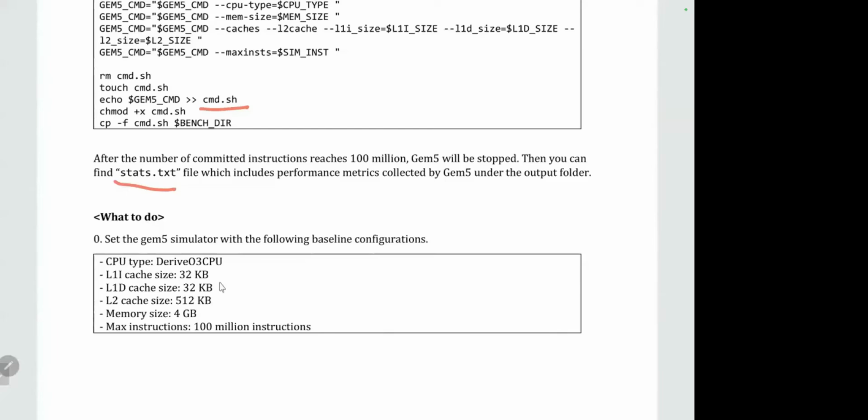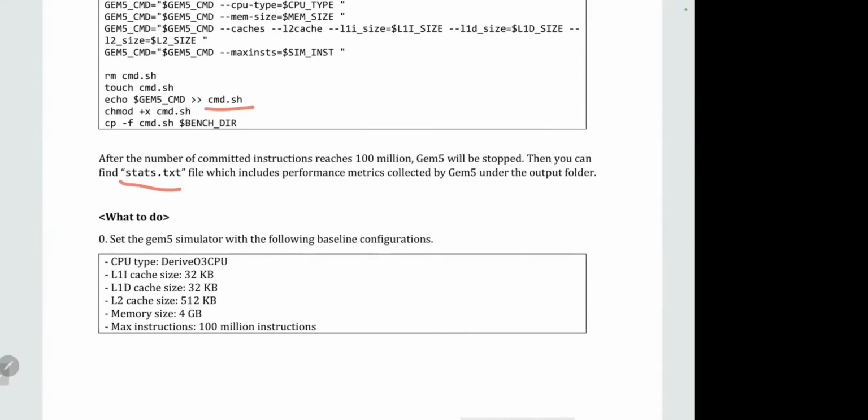If you can use the script for running multiple containers, like Docker containers, it will be very convenient: you can run the script and check the results after some time. Okay.